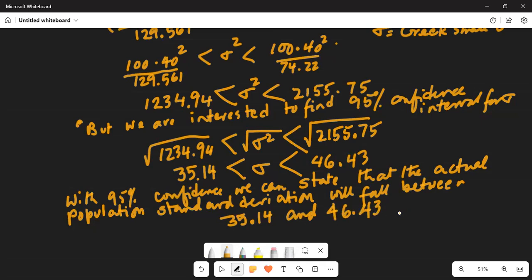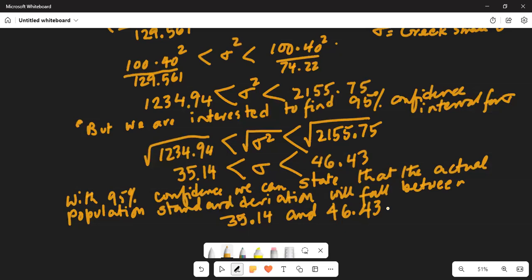Notice in this case, our sample size is 101 and our degrees of freedom is 101 minus 1, which is 100. This is a large degree of freedom. Can we approximate the chi-square distribution in this case by a standard normal curve? That's a good question to ask because we know as the degrees of freedom increase, chi-square loses its skewness in the right tail and approaches a symmetric distribution.